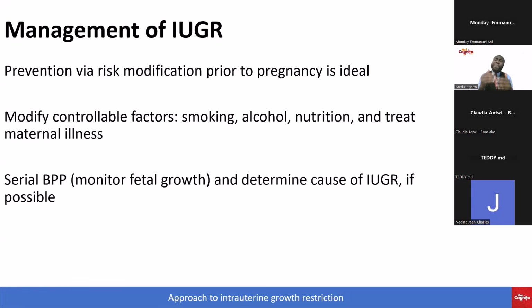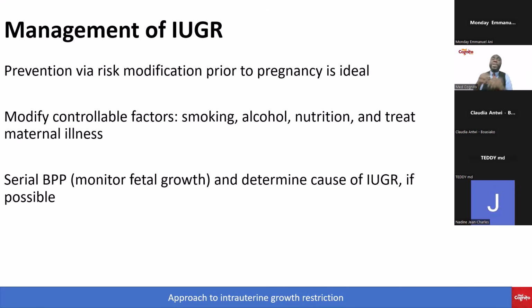However, if this IUGR was as a result of a modifiable risk factor like smoking, alcohol use, illicit drug use, or even poorly controlled diabetes, poorly controlled renal disease, poorly controlled hypertension, then I know that if I control that risk factor, chances are that future pregnancies can be protected.